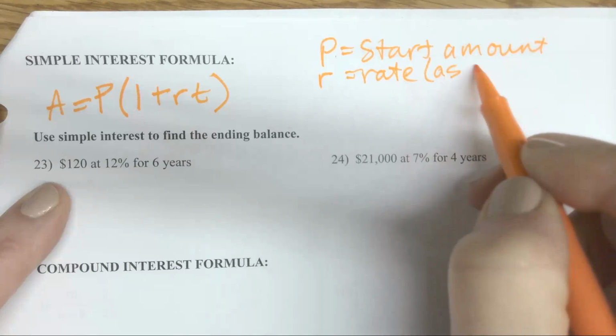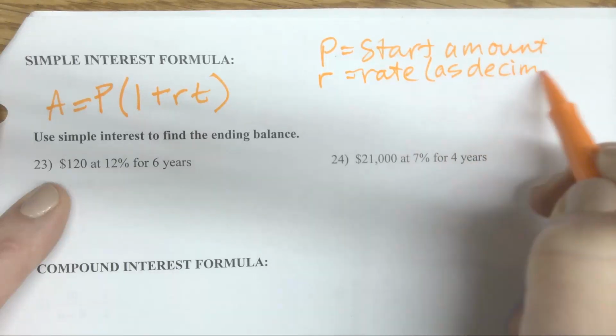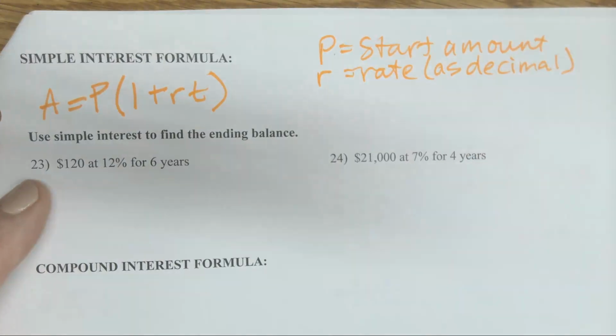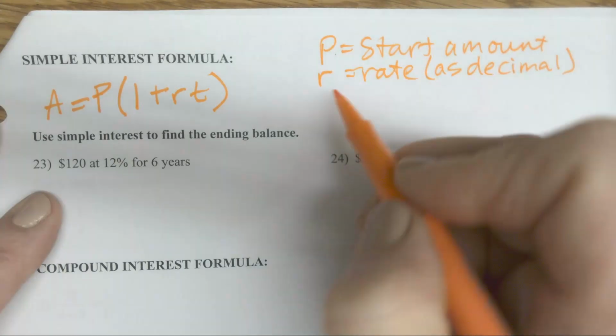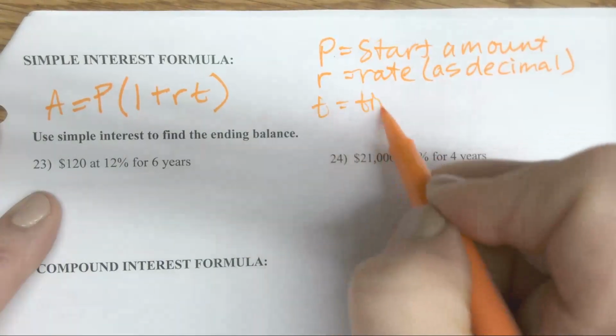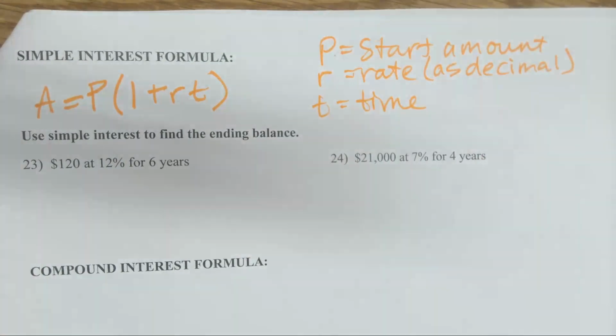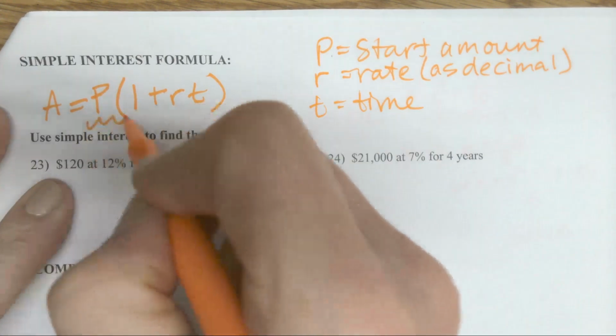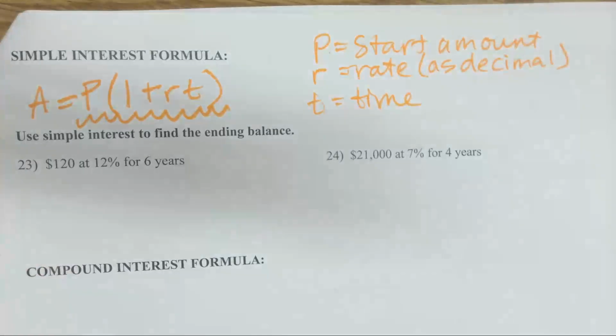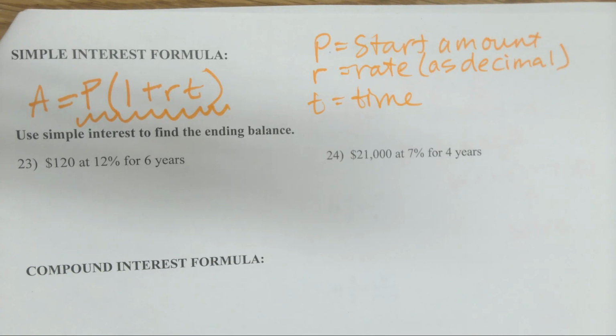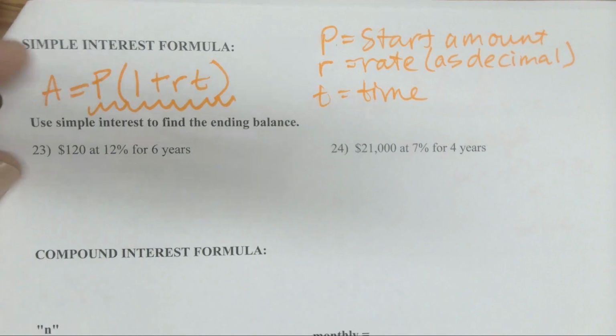Make sure you change it to a decimal. And T is the time, typically in years. What you're finding is your end amount. So really, basically, you just have to take the information that's given and plug it into that formula. Just again, make sure that you convert your rate into a decimal.